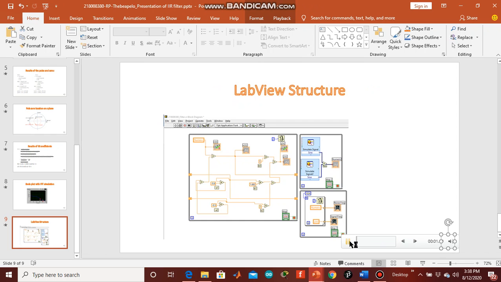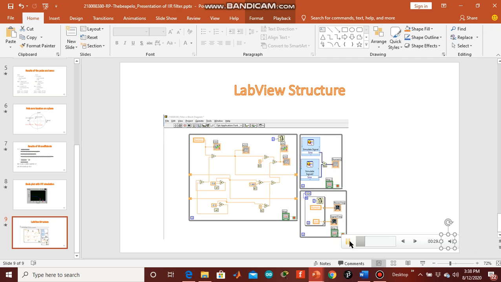LabVIEW structure. This is the structure that I have implemented on LabVIEW to work towards my solution. Here there's B1, there's B0, there's B1, there's B2. I have substituted the coefficients I have obtained from the equation of IIR.